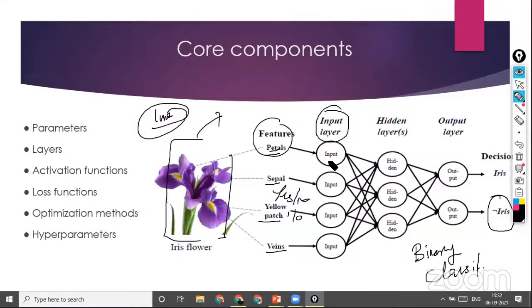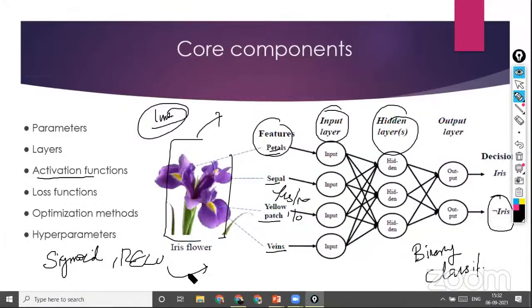Another concept in deep neural networks is the hidden layer, which helps introduce non-linearity in your learning process, and there you have activation functions. There are a lot of activation functions, like sigmoid, and recently ReLU. The purpose is to introduce non-linearity. And we have the output layer here.